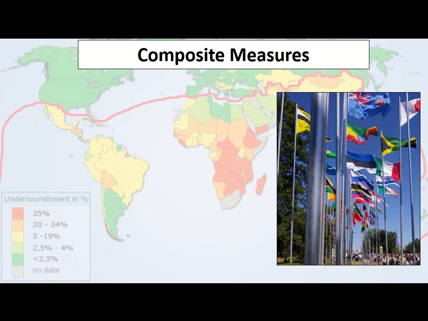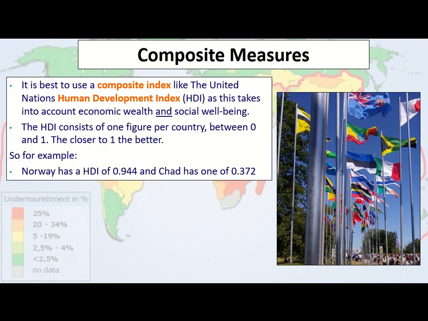So now, composite measures. These are far, far better to show how a country is developed, because they cover more than one thing. So again, I'm sorry about all the note taking you've got. Composite index measures include, the one that you need to know really is the HDI, the Human Development Index. And what that does is it takes into account both economic wealth and some social development indicators too.